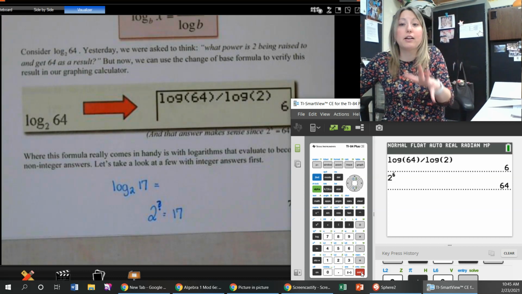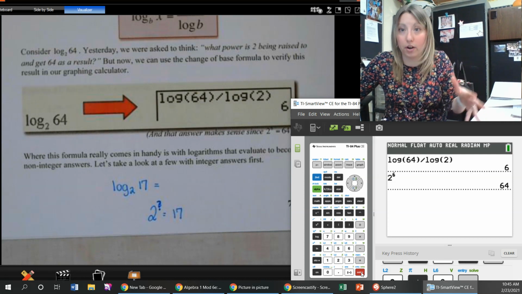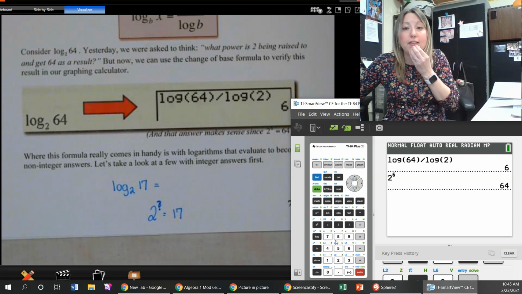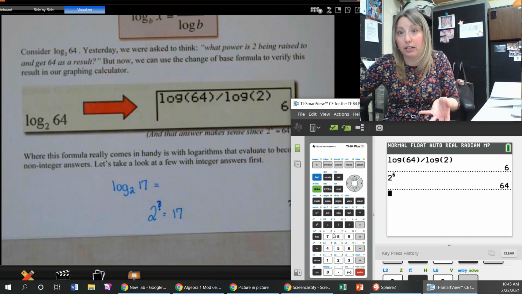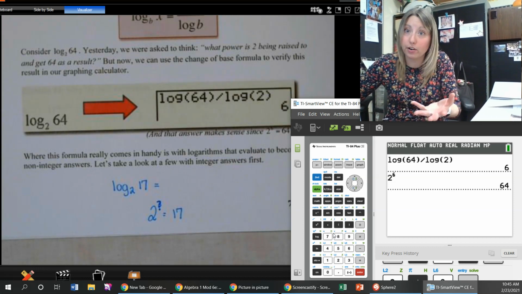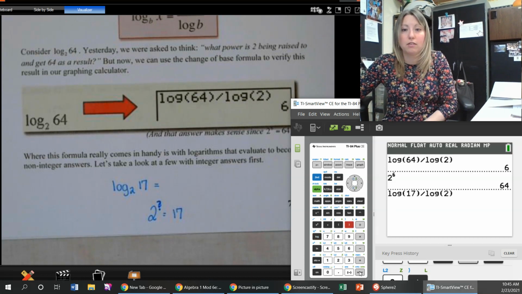It's not going to be a nice, easy fraction or integer. Instead, it's going to be an irrational number, a non-repeating, non-terminating decimal. So let's figure it out. You do log of 17, end parenthesis, divided by log of 2, your base, end parenthesis.